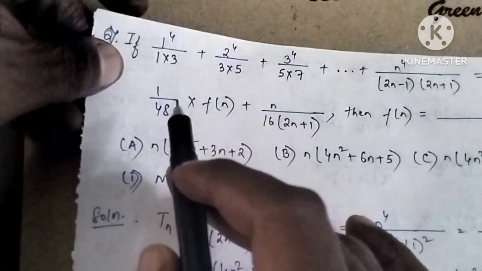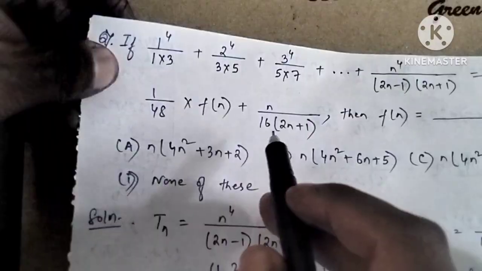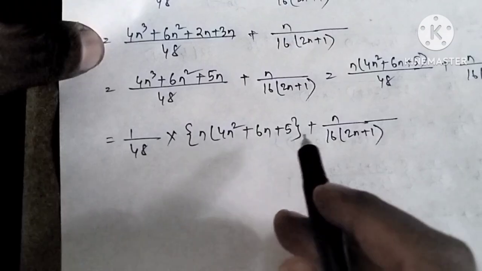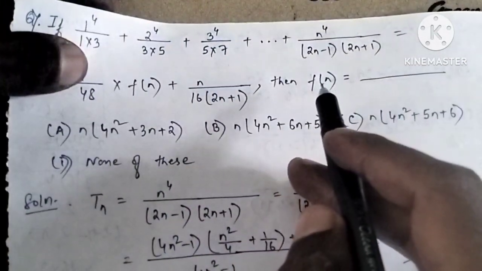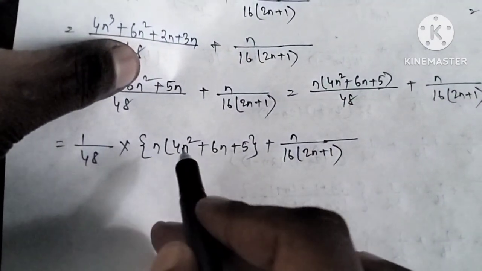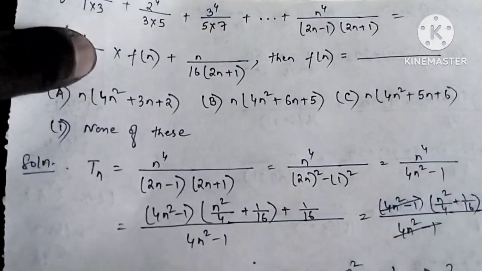So comparing these two according to the problem, 1 by 48 into Fn plus n by 16 into 2n plus 1, our sum of n terms is 1 by 48 into Fn, you can find the value of f of n. Answer is n into 4n square plus 6n plus 5. So which option do you think?